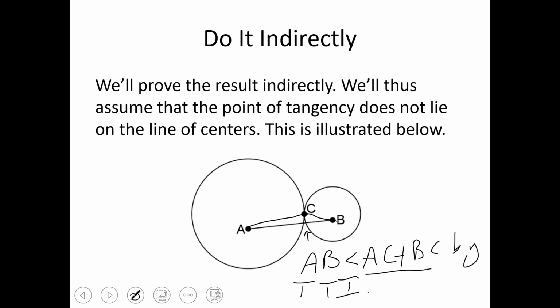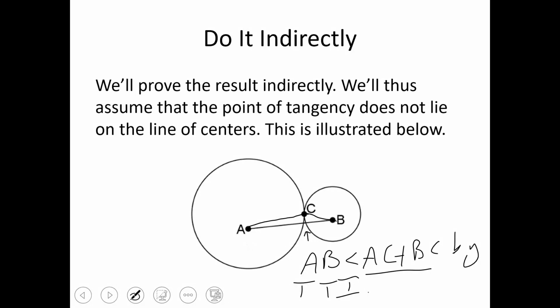How much more? We don't know, but it doesn't matter. It's more. So this means that AB is actually greater than AC plus BC. AB is 2 radii plus more, and AC plus BC is just 2 radii. So that contradicts the triangle inequality. So that's our contradiction right there.